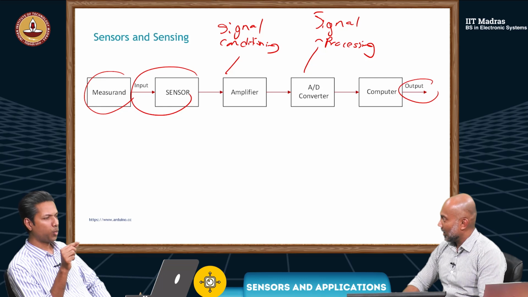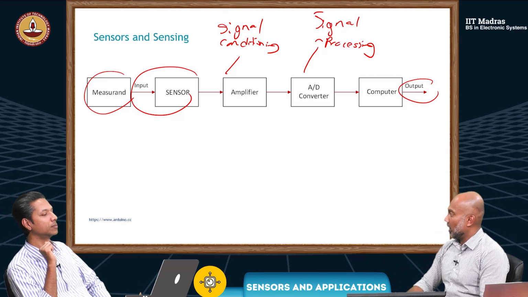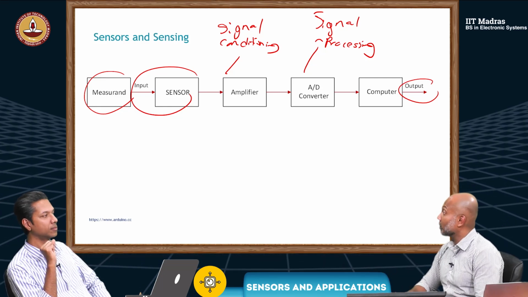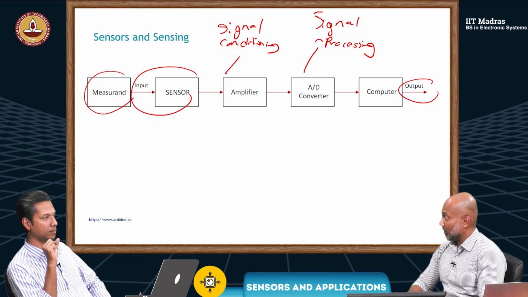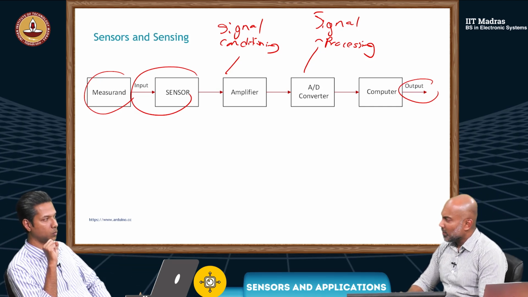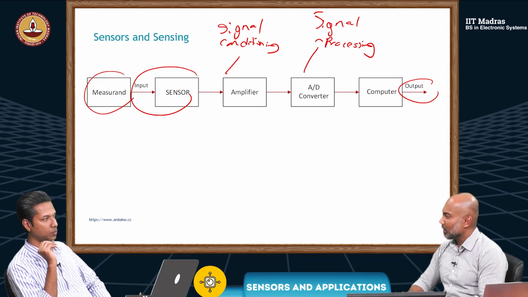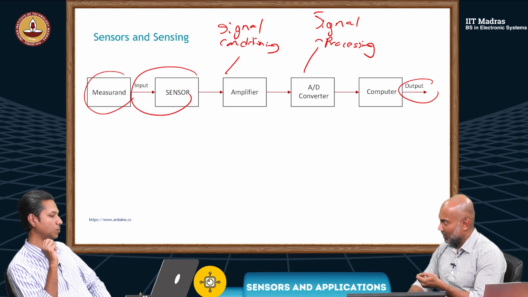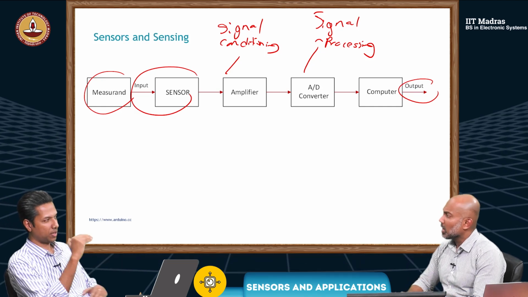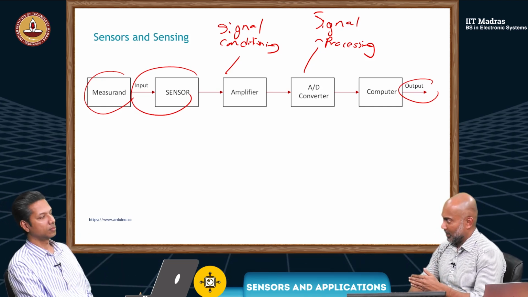Okay. 0.1 degree change. And let's say that's important for your application, right? In that case, if the signal is very small, we might not be able to really see that signal. There could be some other noise, so you want to amplify that. Somehow amplify that signal.